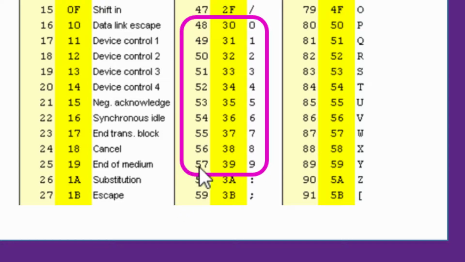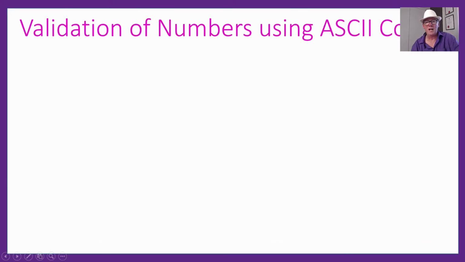We don't want them. And if it's greater than 57, we don't want any of them either because they're not numbers. So you can do your validation by saying, if whatever's typed into that text box, after you've put it into your program variable, is less than 48 or greater than 57, well then that's bad, and put out an error message on that.